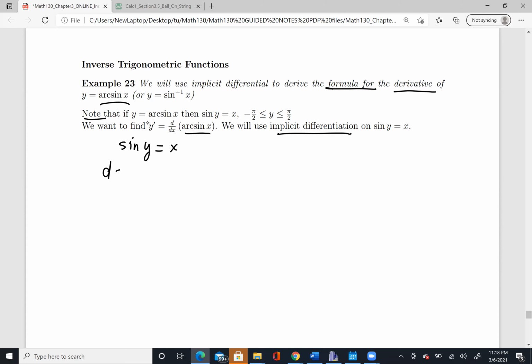So d of sine y over dx is the derivative of that function with respect to x. On the right hand side, it's going to be dx over dx. Don't think that dx over dx is just equal to 1. I know, but basically, don't think like that. It's actually the derivative of x with respect to x. Always think like that.